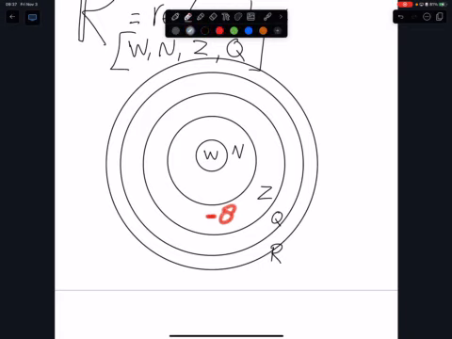But if I have, for example, the number 5, the number 5 belongs to whole numbers, natural numbers, integers, rational, and real numbers. The deeper it's in, the more elements it belongs to.